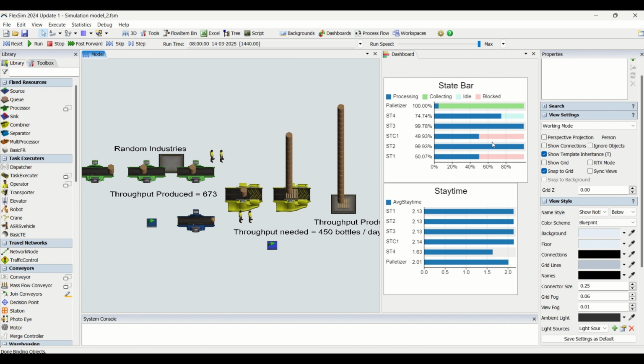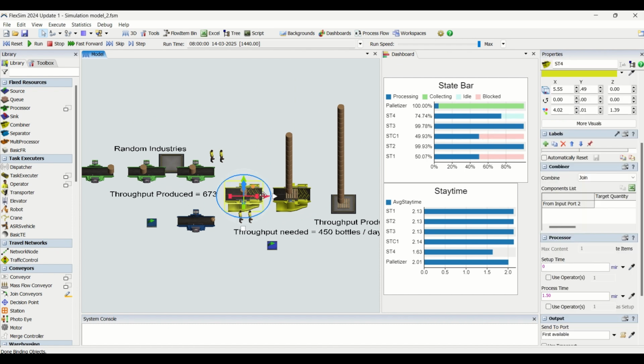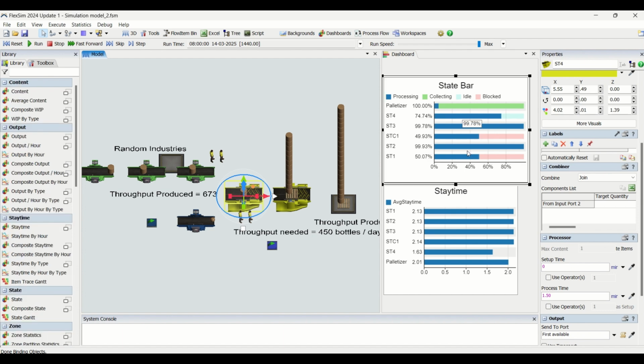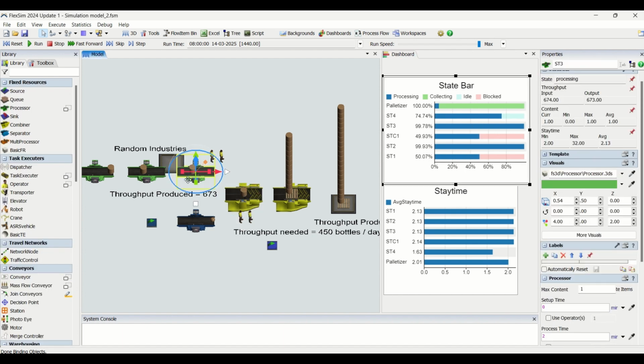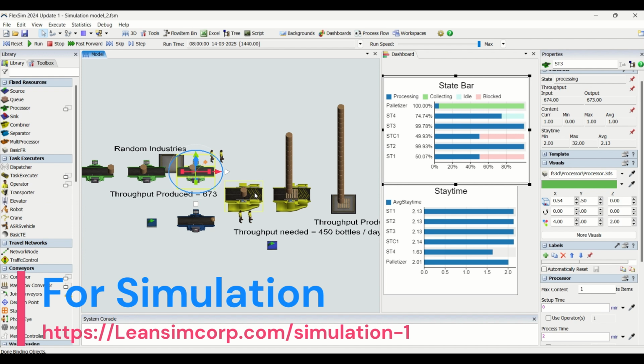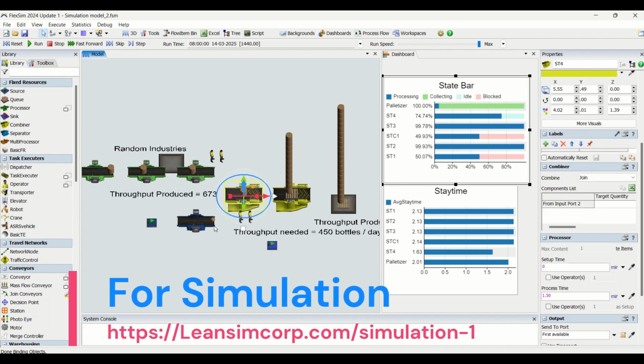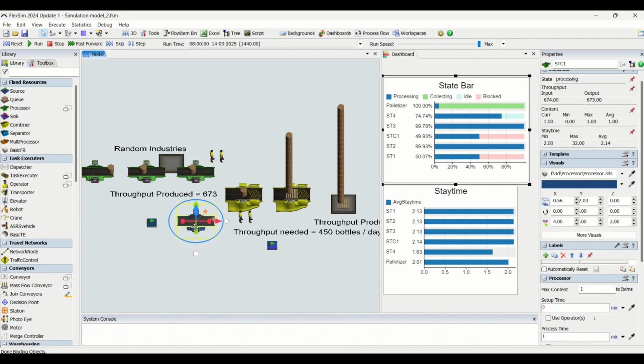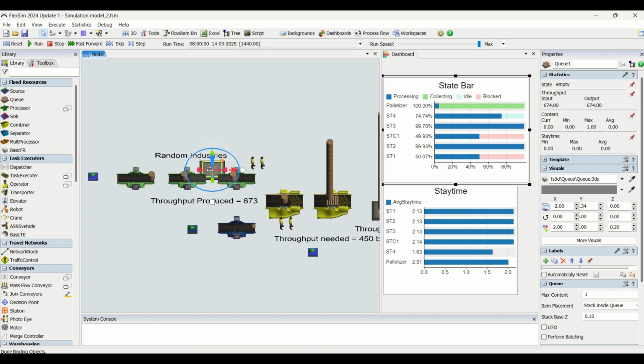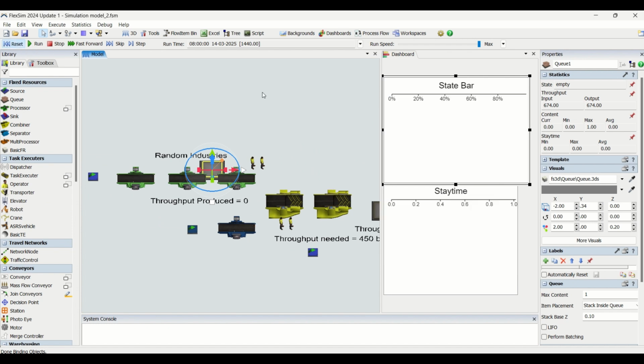Now, if you look at it, we are going to have ST3 and ST2 as real bottleneck stations, which are back to back. Okay. And then if you look at the STC1 is blocked, and that is basically this. And then we have ST1, which is blocked. That means that the buffer is not required here. So let us do one thing now.